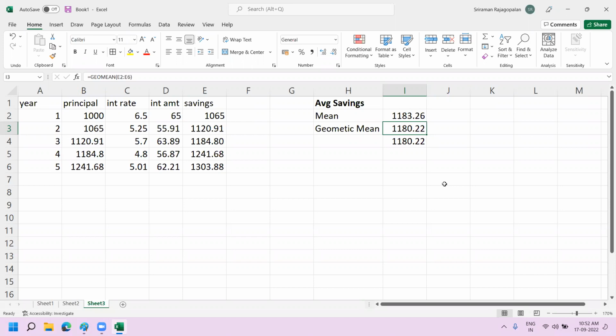So banks generally use the geometric mean to tell what is the average of things. It is not an arithmetic average each time. Clear?